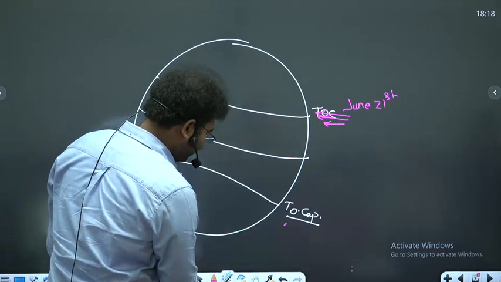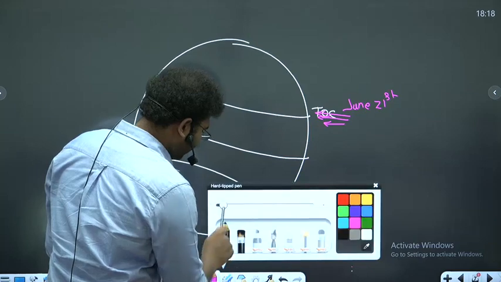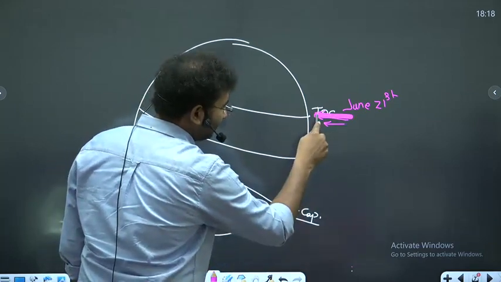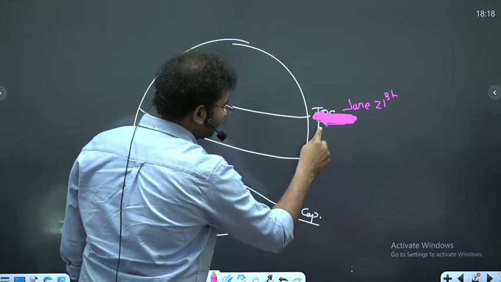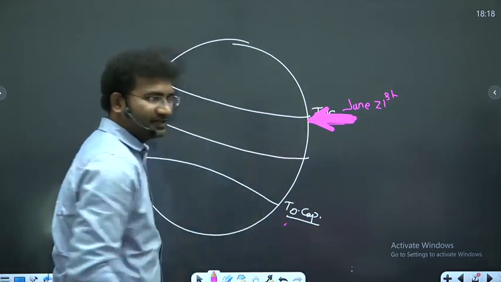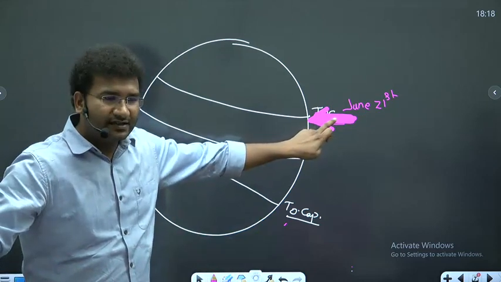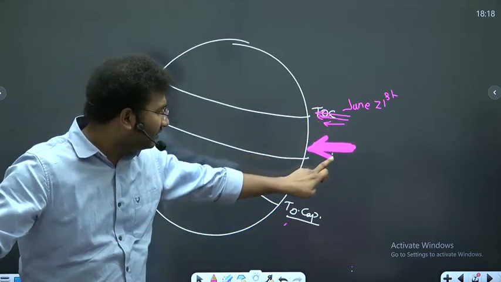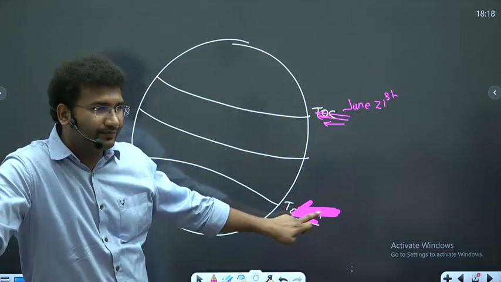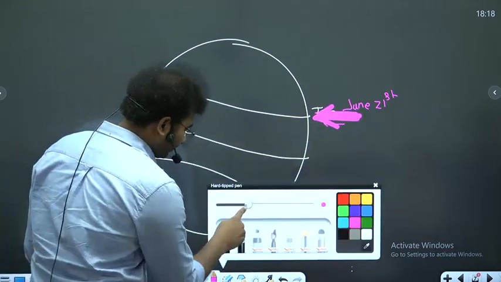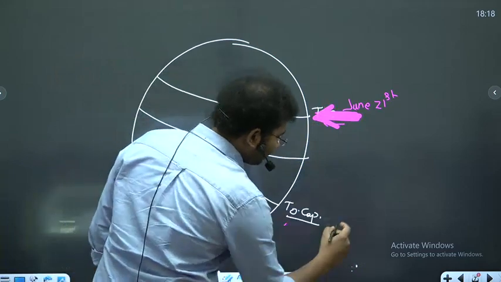Yes, how much time it took? Near about 6 months. So to make it little more easier, I'll draw this. Just imagine this is the direct sun rays. The shifting of this direct sun rays took how many months to reach here? 6 months. So this is which date?